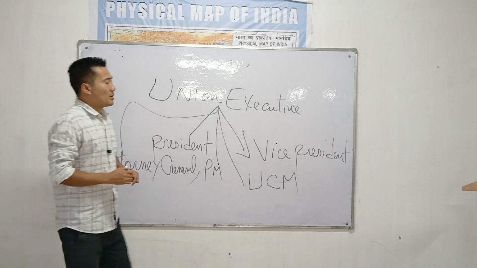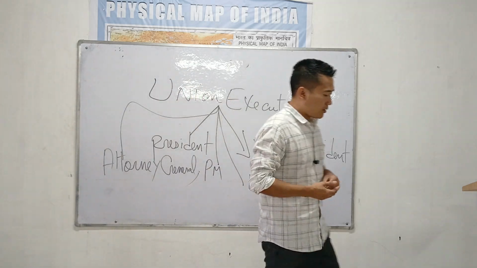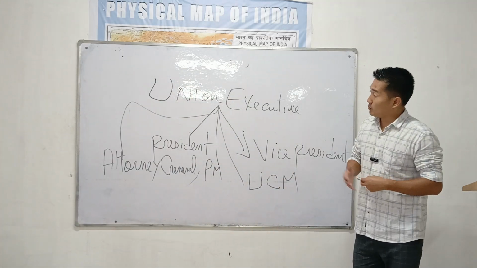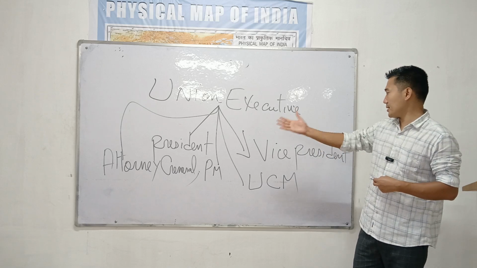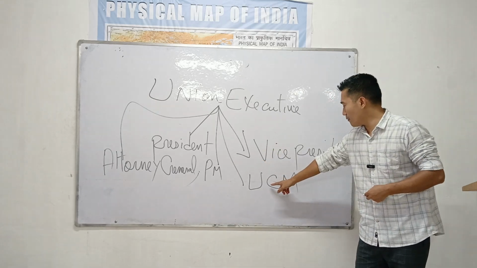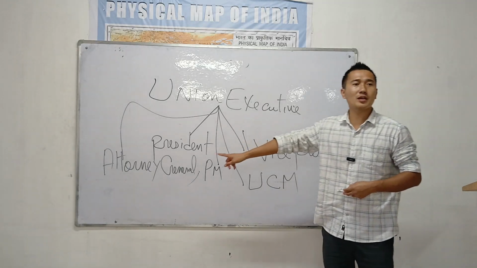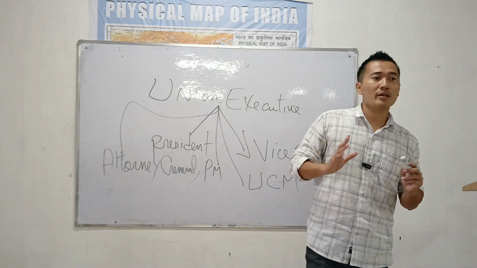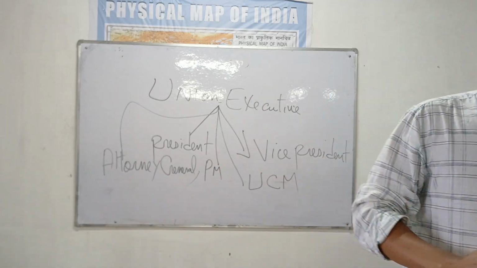Okay, so please remember our main focus of the political in this one, union executive: the president, the vice president, the prime minister, the union council of ministers, and the attorney general. So these are the only ones included in the union executive.